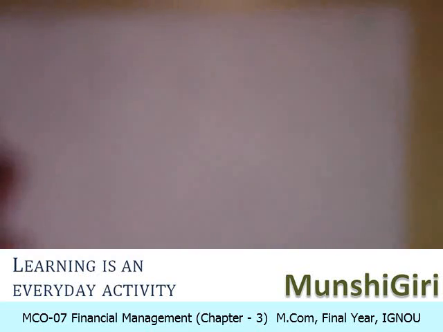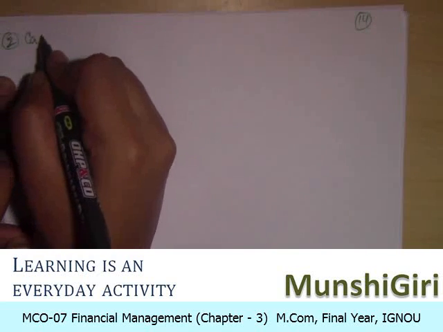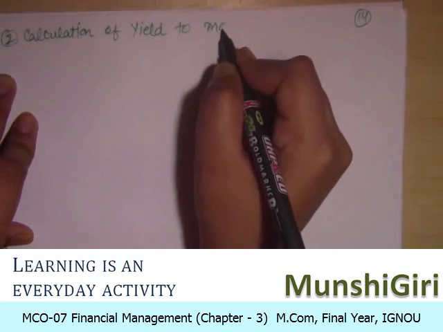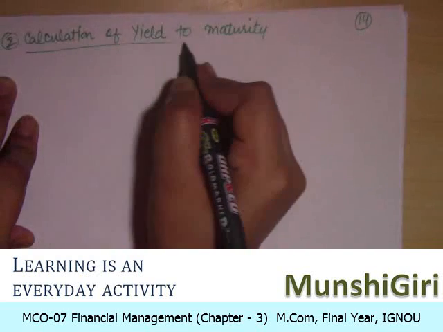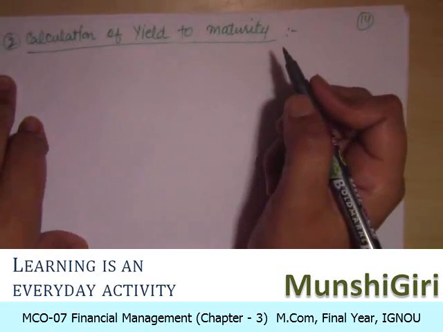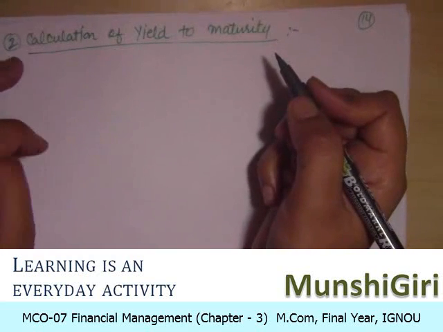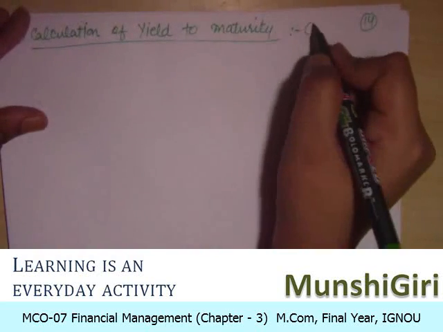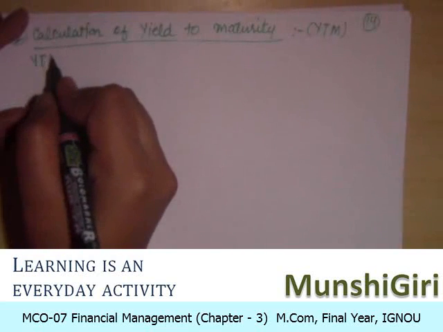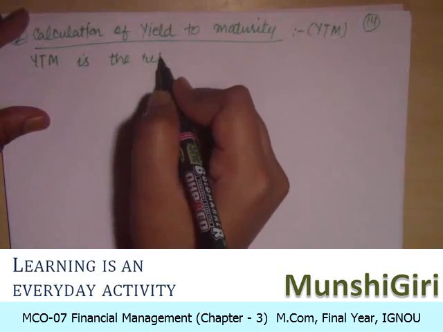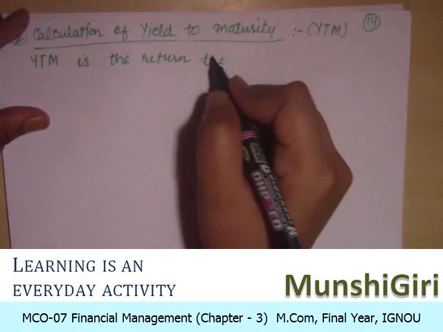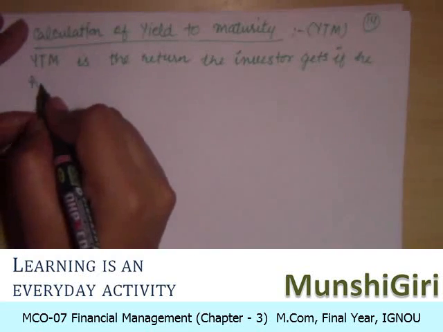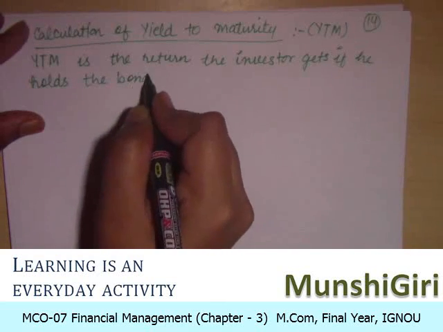Yield to maturity is the yield, that is the return that an investor gets if he holds the bond till maturity.